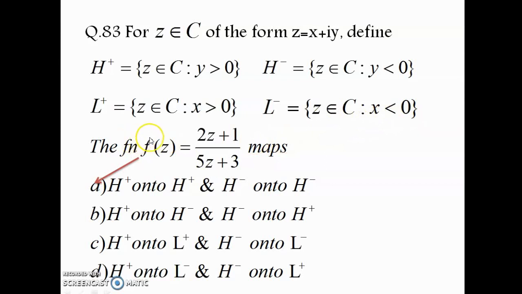The function f of z is equal to 2z plus 1 divided by 5z plus 3 maps. So we have to find what this function maps. So we are given 4 options. All options are asking where H plus is mapped to and H minus is mapped to. So we are looking into the question now.